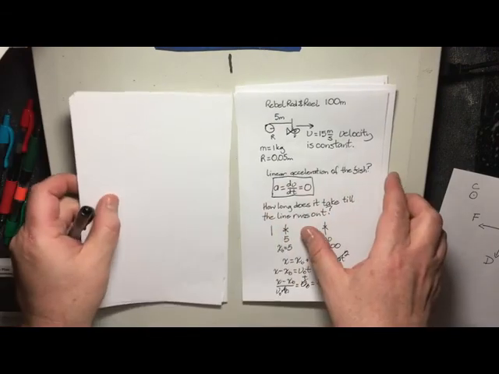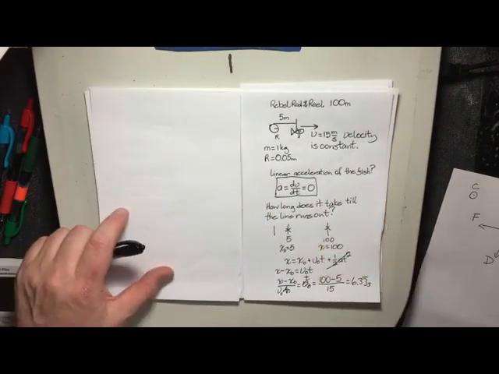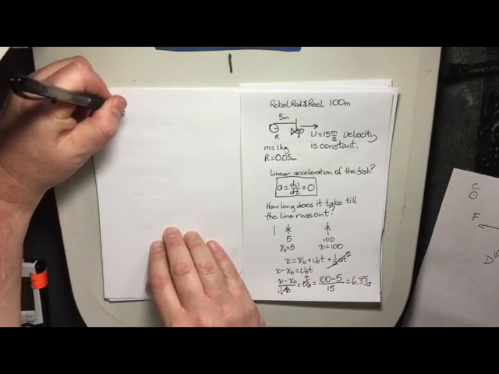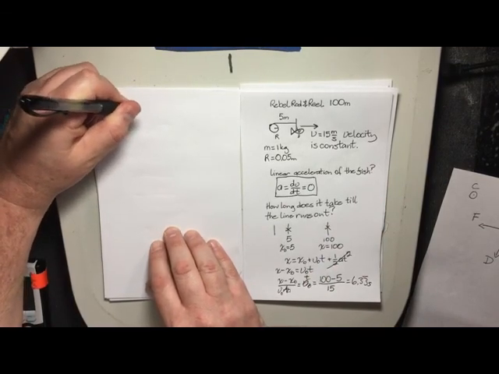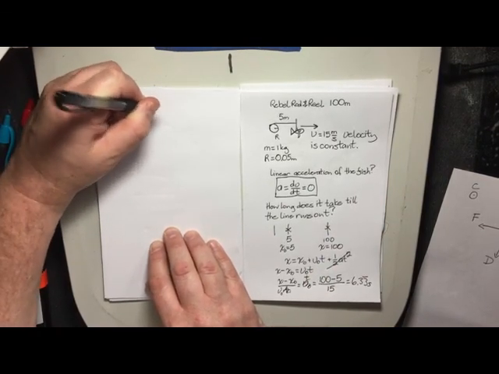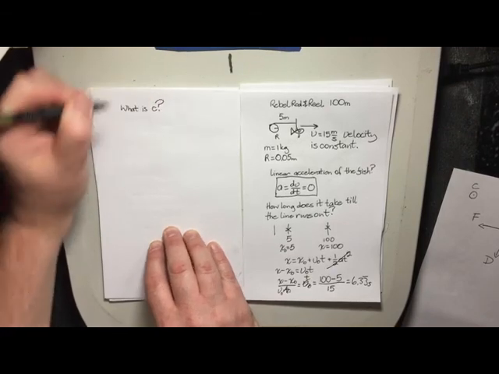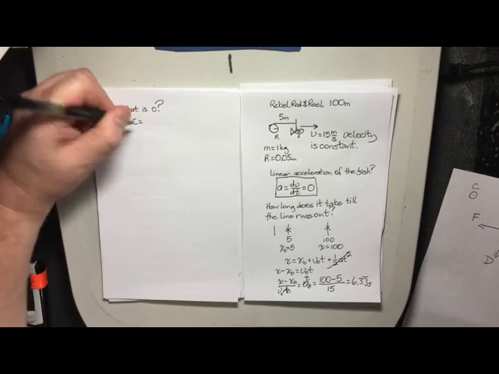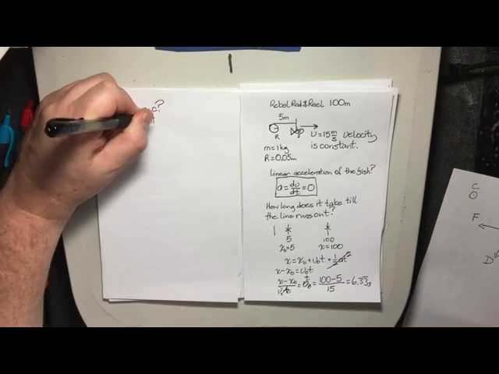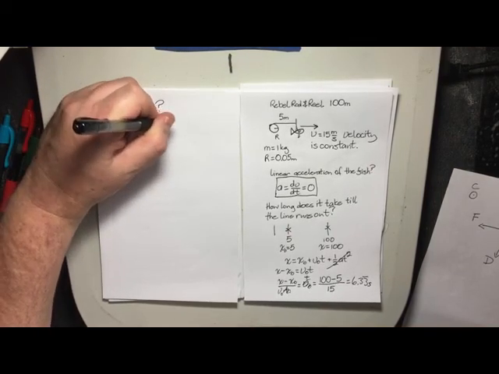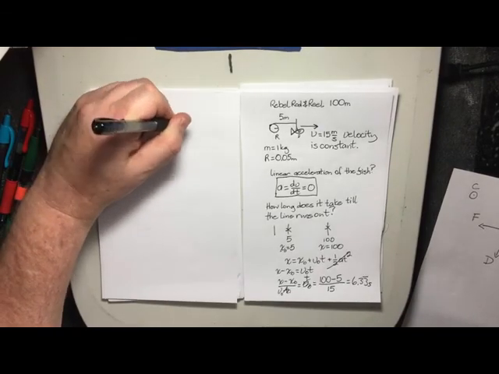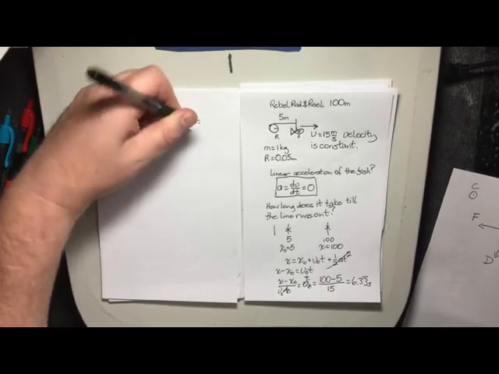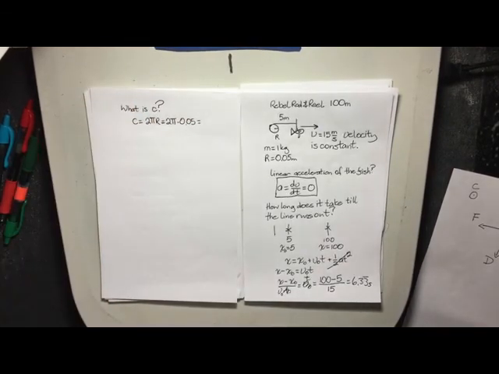So we have the time. Now, one of the things that you could ask yourselves is, what is the circumference of the Rebel rod and reel? Well, by definition, the circumference is 2 pi r. So this is 2 times pi times 0.05, and that gives me a circumference of what?